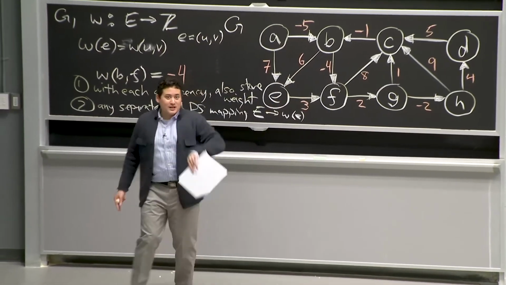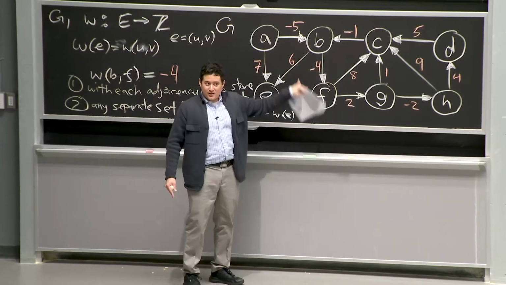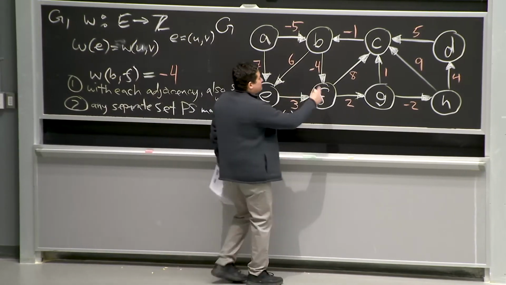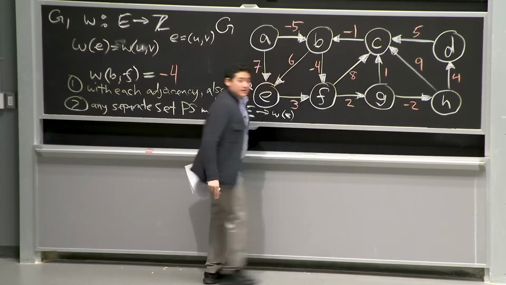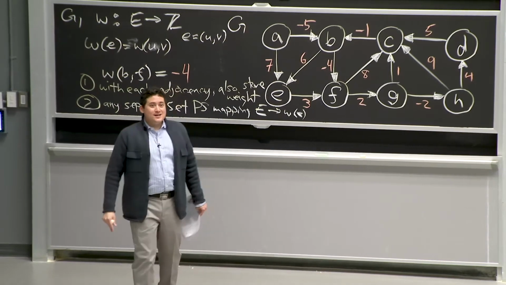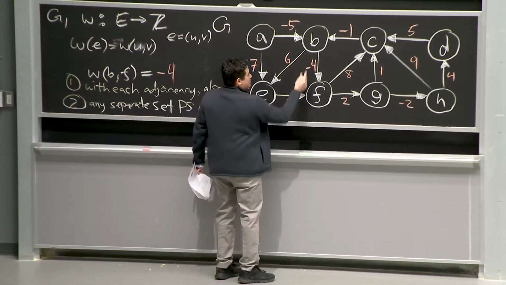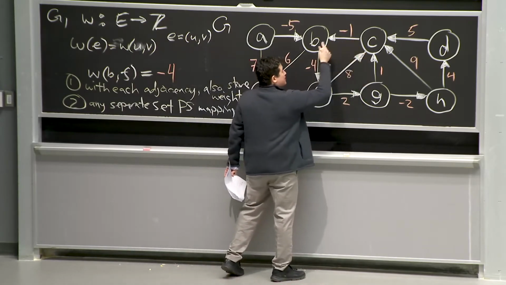What your colleague just informed me was that there's something interesting happening in this graph. In particular, we have a cycle from B to F to G to C, back to B, that has negative total weight, right? This has -4 plus 2 plus 1 minus 1.